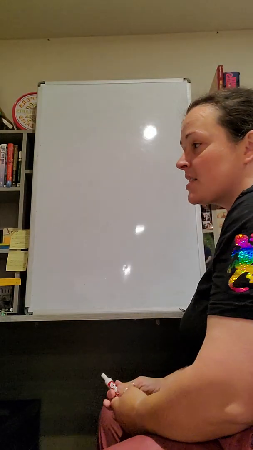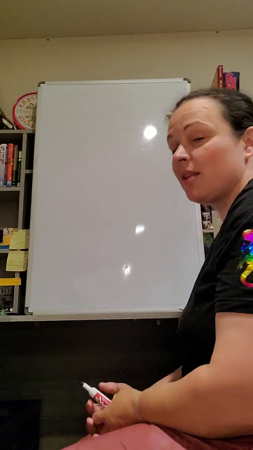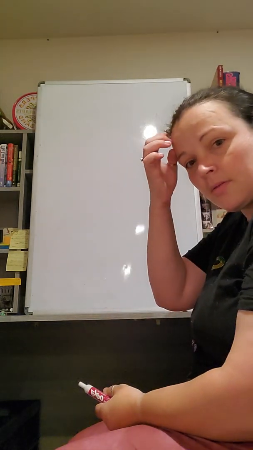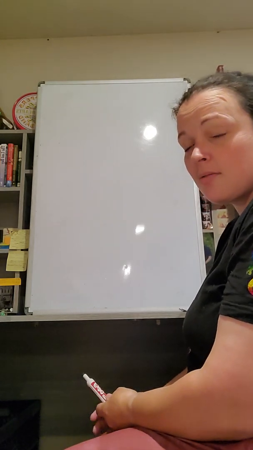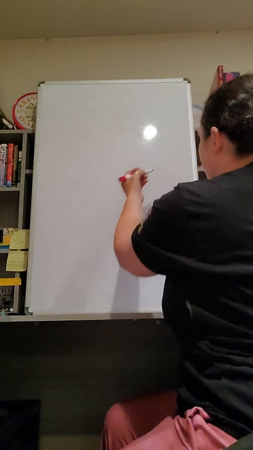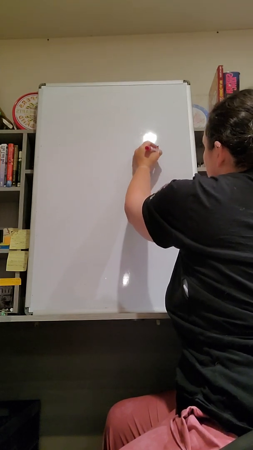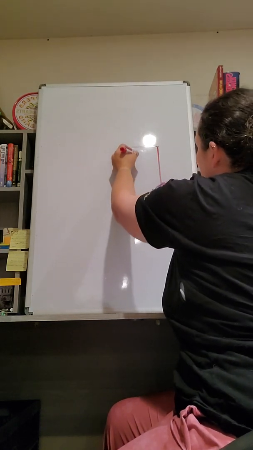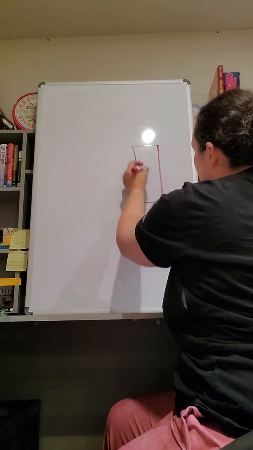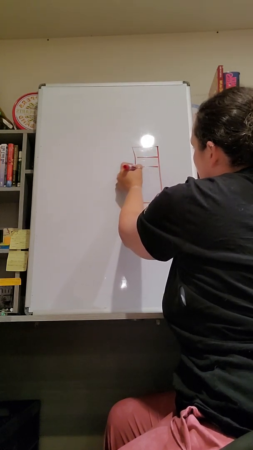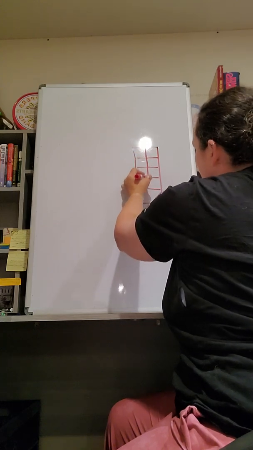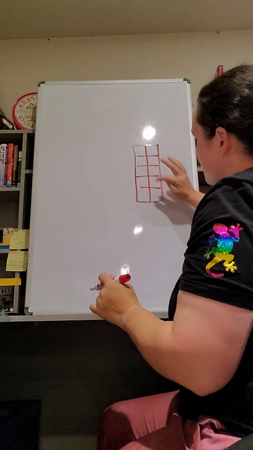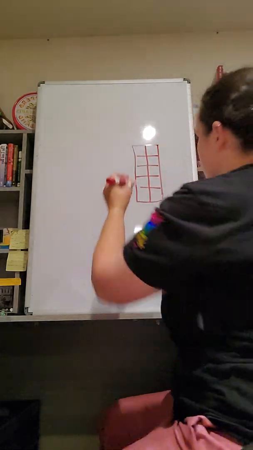All right, now as a class, we're going to work on numbers 11 through 19, figuring out how to break down each one, how to compose each one specifically. All right, we're going to make a 10 square. And you call it a 10 square because there's 10 little squares inside of here to help you count.